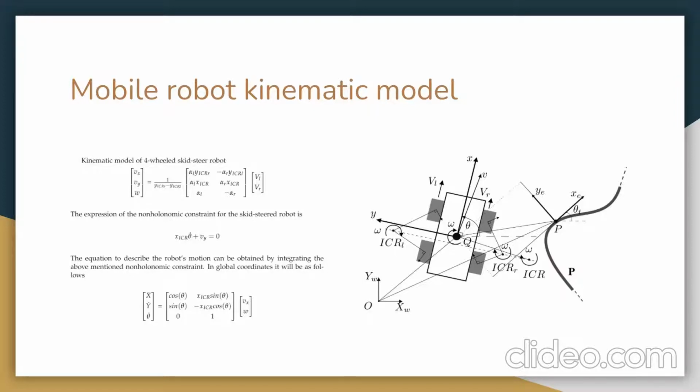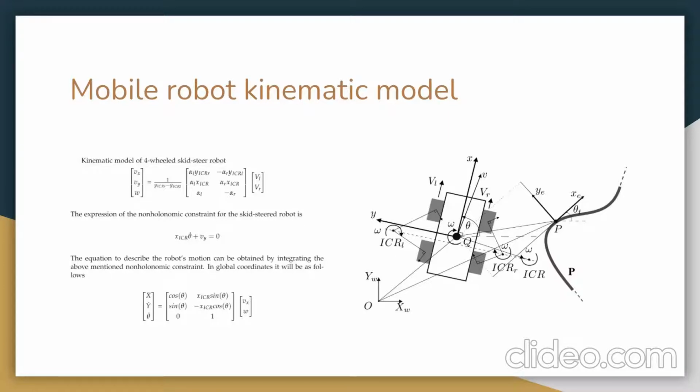Robot's motion described in global coordinates can be seen from the third system of equations. In general, displacement in x direction is equal to vx multiplied by cosine theta plus vy multiplied by sine theta, and displacement in y direction is equal to vx multiplied by sine theta plus vy multiplied by cosine theta.